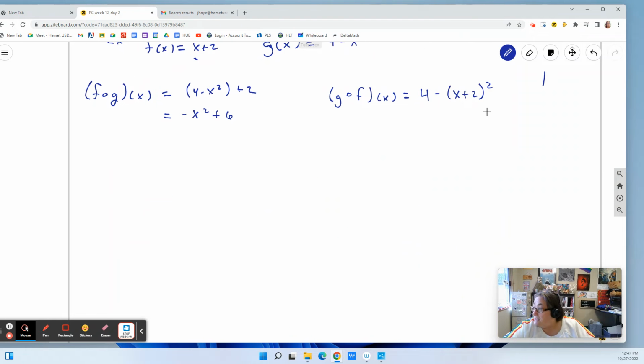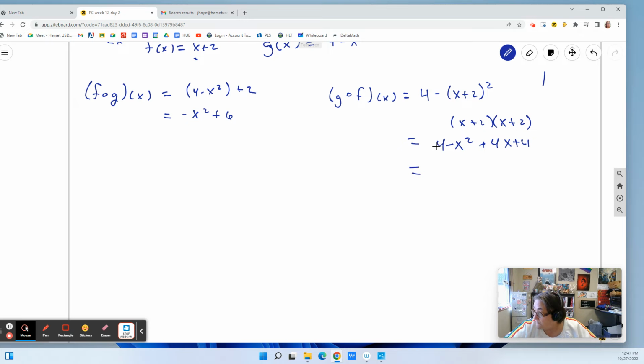So when I look at this, this is like saying x plus 2 times x plus 2, right? Where we would get x squared plus 4x plus 4. And then over here, we also have 4 minus it, right? And then we just put our stuff together.